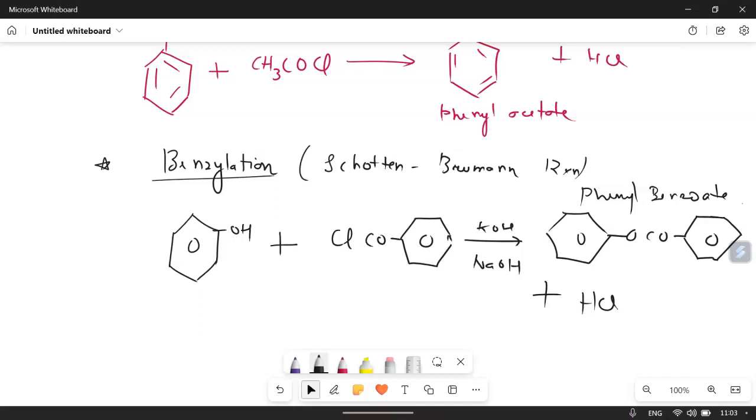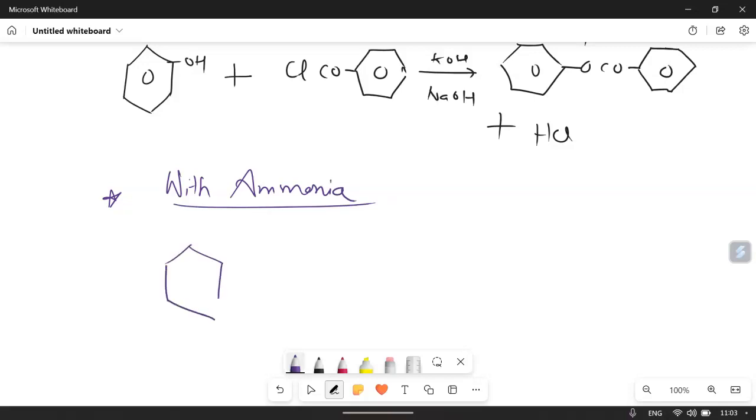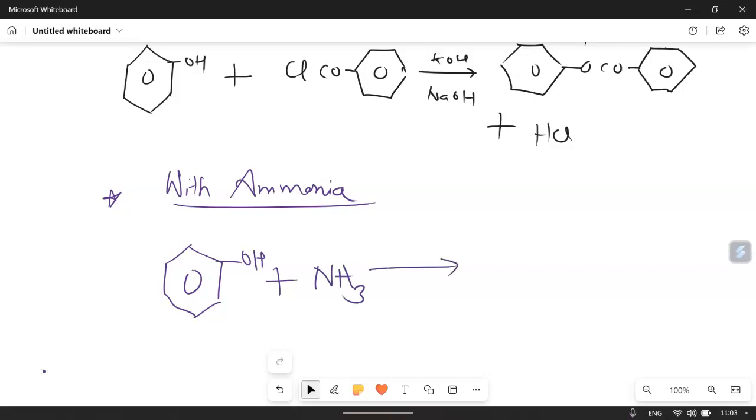The next reaction is with ammonia. So in this reaction, phenol plus NH3, in the presence of ZnCl2, remember, heat it.